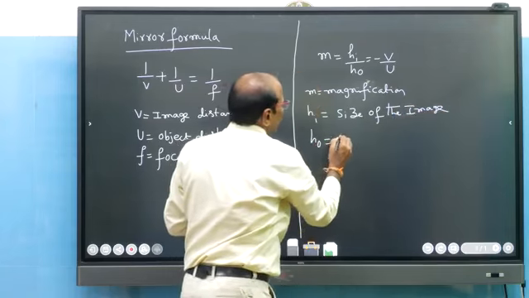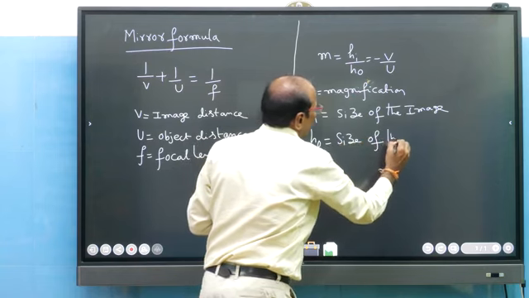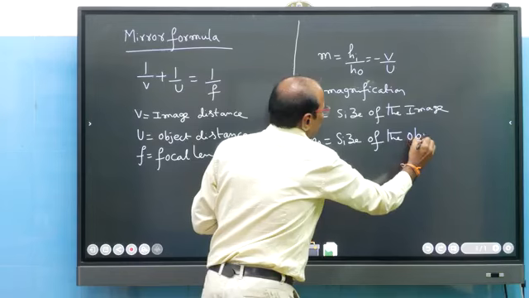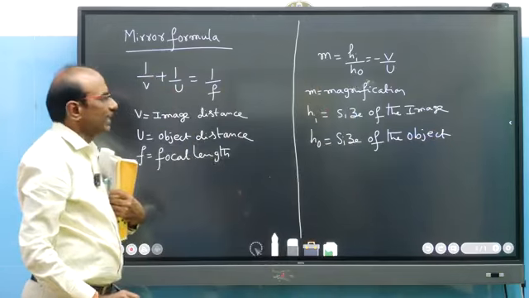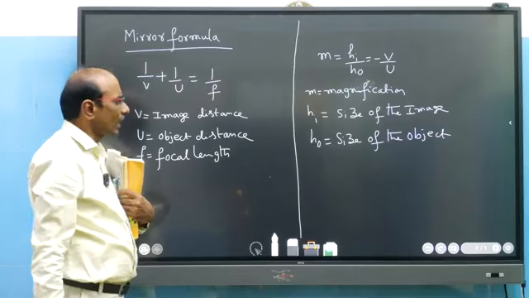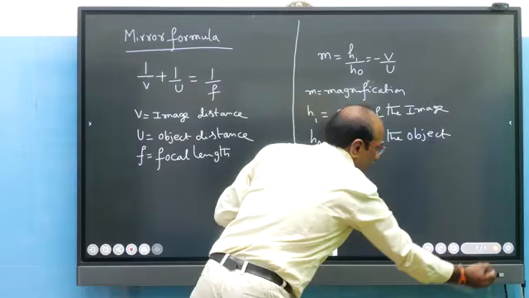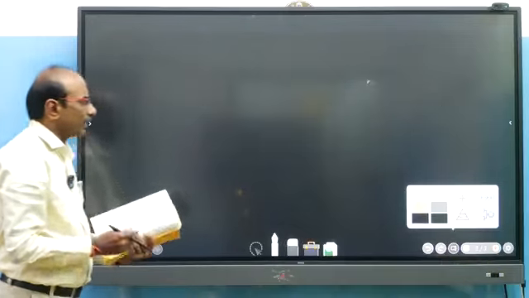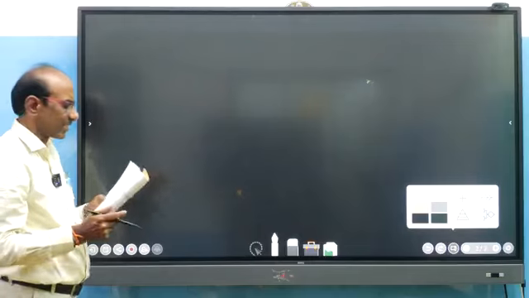HO is the size of the object. We know V and U. V is the image distance, U is the object distance. So depending on this mirror formula, we can solve two problems in this session.